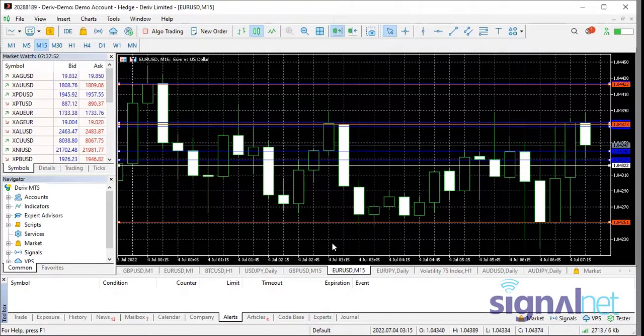Now, remember in the last video I mentioned the reason why we redraw the lines every day is that the levels change. And we want to target the current resistance and support levels.